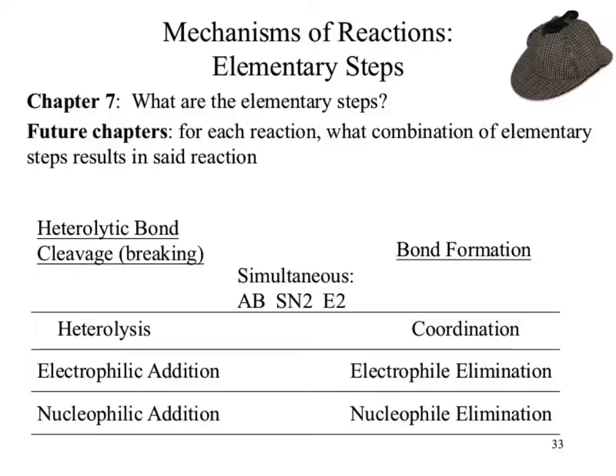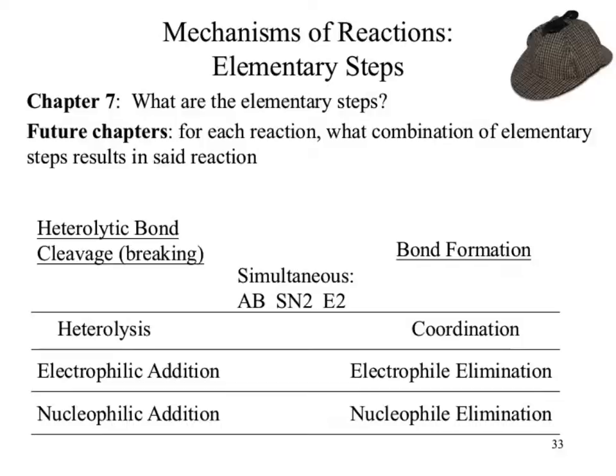E2, elimination. Why does it not say EN? There's no nucleophile in the elimination reaction. It's just an elimination, and it was the type 2 mechanism, okay, where it all happened at once. Where's the SN1 and E1? They aren't up there. Why are they not up there?